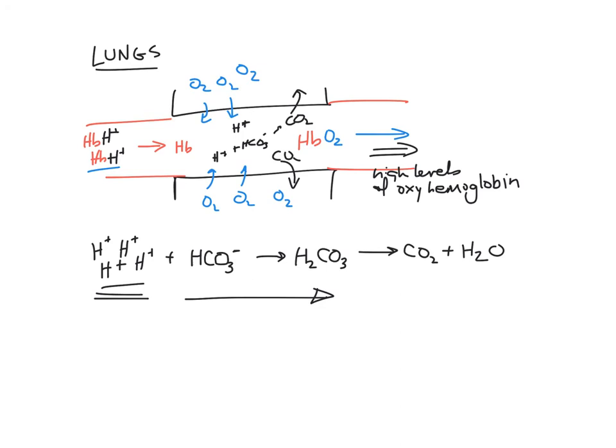Whereas previously, you had very high levels of hemoglobin carrying acid, or reduced hemoglobin, and now when it's leaving, it's oxyhemoglobin. Hopefully that makes a little bit of sense about how blood gases are transported.